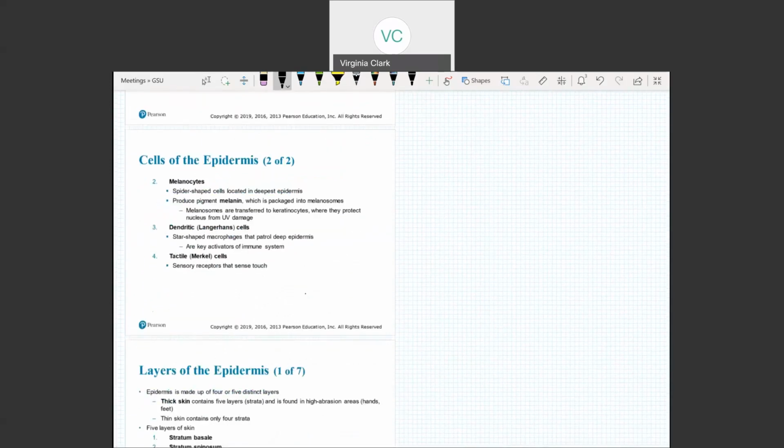Okay, the next type of cell we're going to have is our melanocytes. Our melanocytes are spider-shaped epithelial cells, and they are responsible for synthesizing a pigment called melanin.